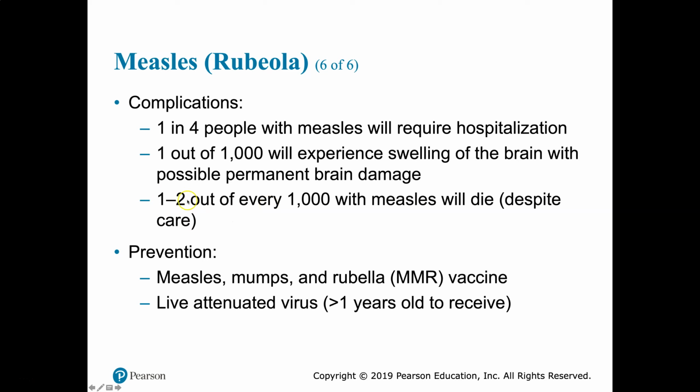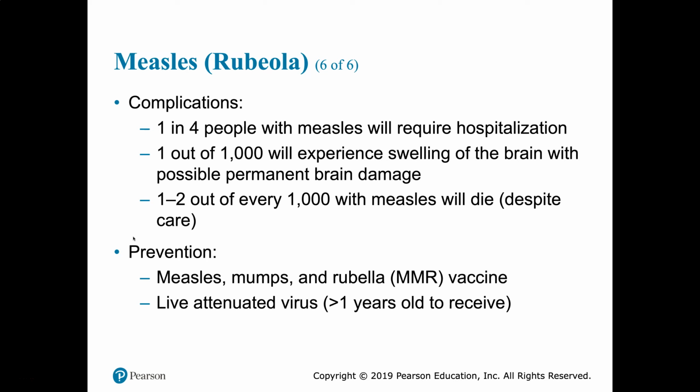In the US, this is going to be a little less than this, but in places that have not effectively eradicated measles or decreased the number of cases to significantly less than what we see here in the US, people can die. You have a high mortality rate.